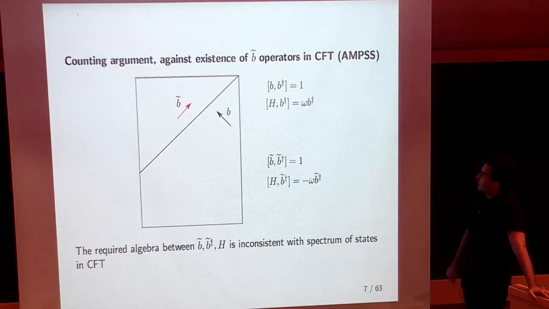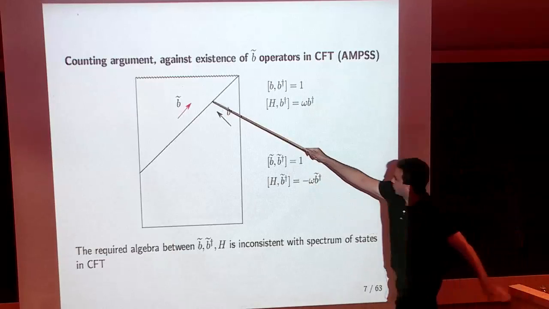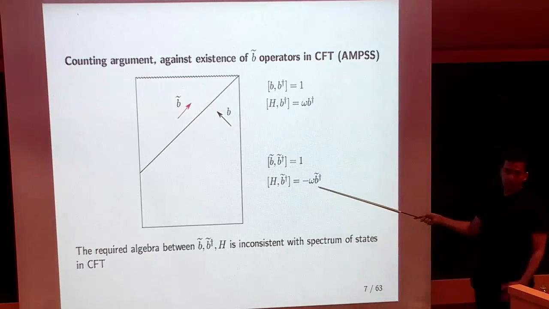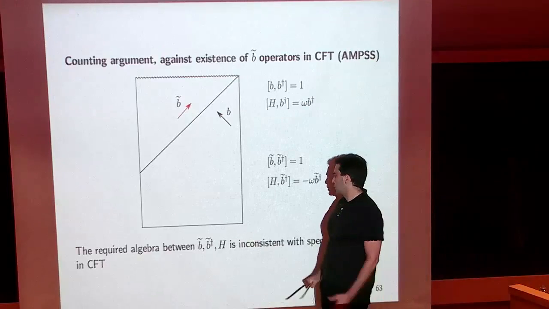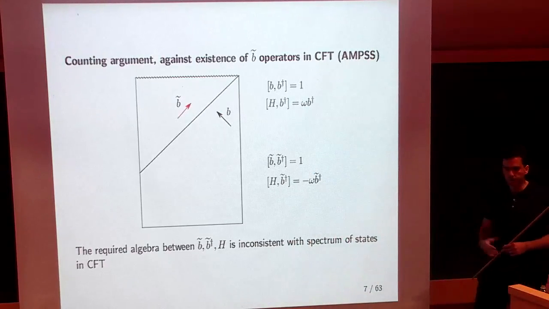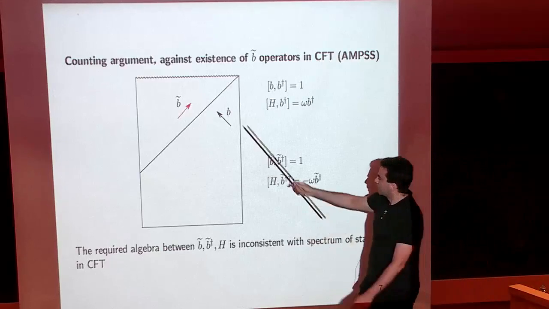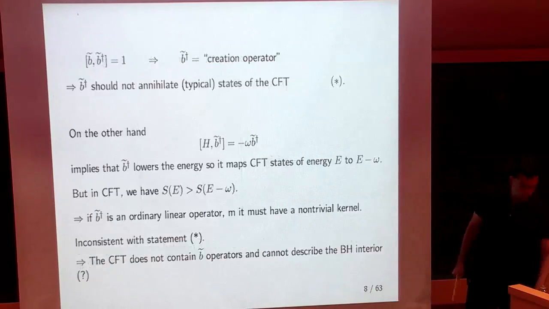In particular, B tilde dagger, which is the creation operator for a mode behind the horizon, seems to lower the energy of the CFT Hamiltonian. In this paper, it was argued that this algebra is inconsistent with the spectrum of states in the CFT, and as a result, the operators B tilde cannot possibly exist in the conformal field theory. So let me remind you how the argument goes.